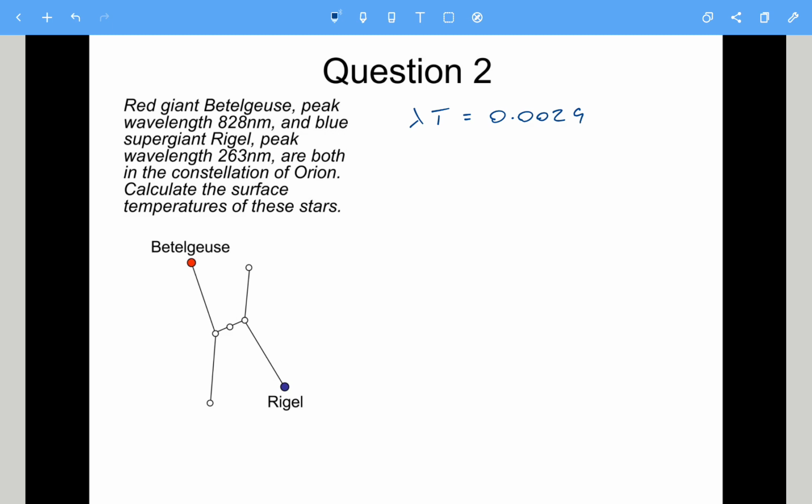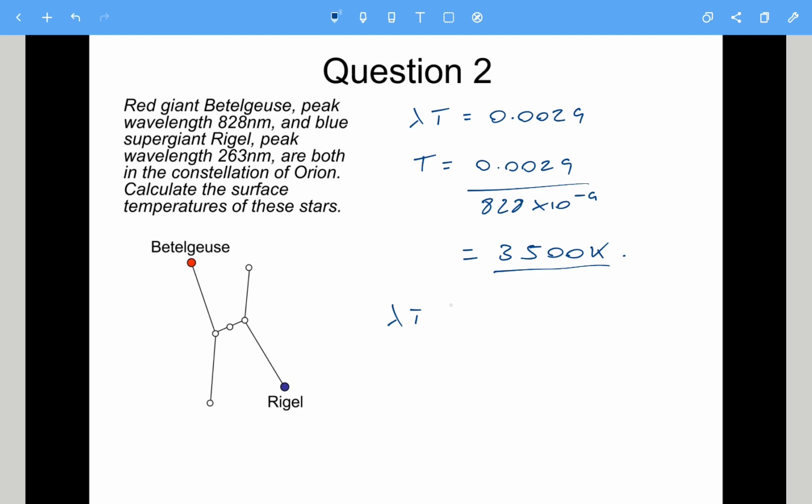So for Betelgeuse, temperature equals 0.0029 divided by peak wavelength, so 828 times 10 to the power minus 9, which gives us a surface temperature for the photosphere of 3,500 Kelvin.